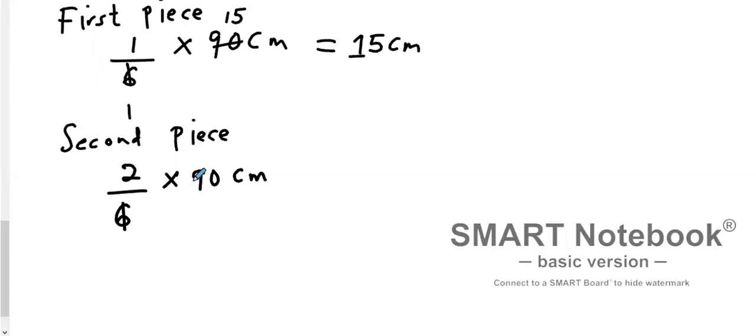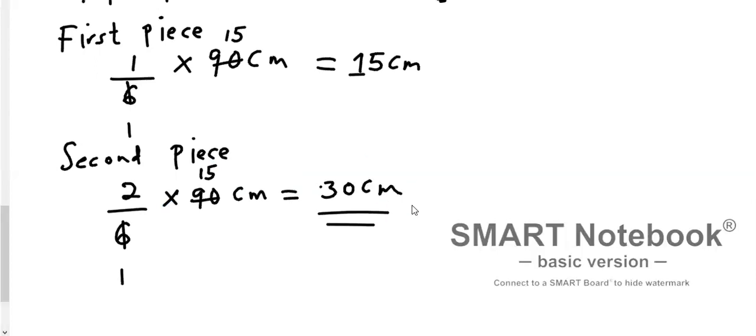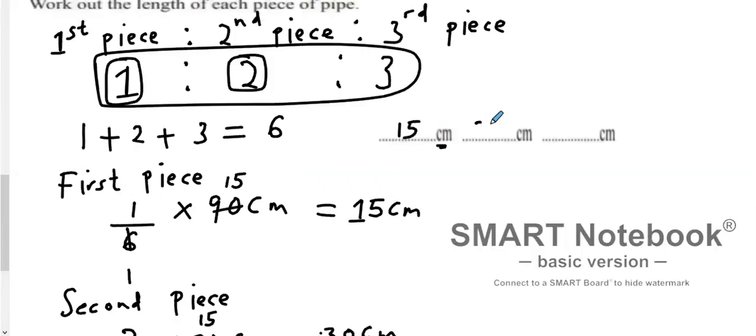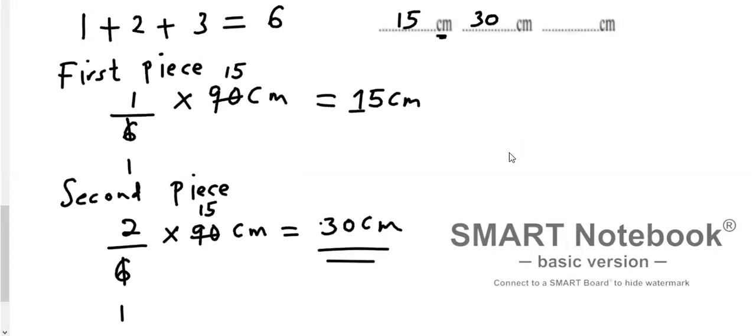See, 90 by 6, that makes 15 again. Then you're going to have 2 times 15, that makes 30. See, that makes 30 for the second piece. So here you'll be writing 30 centimeters. Okay? Right, so go that way.